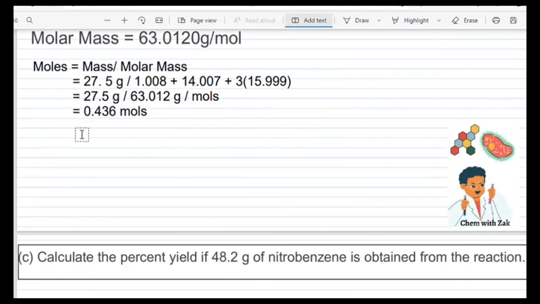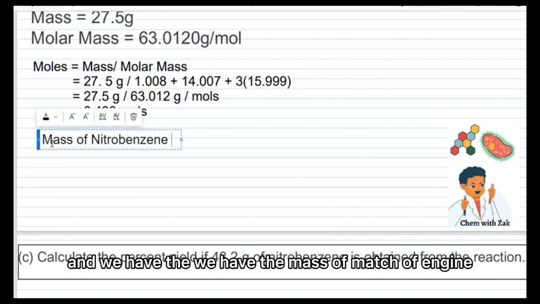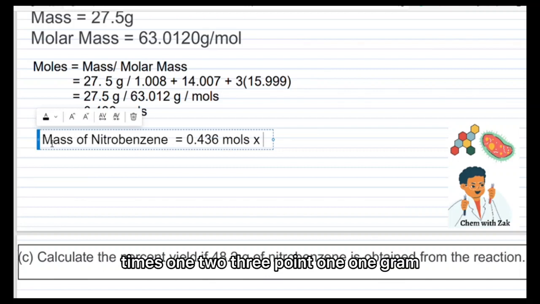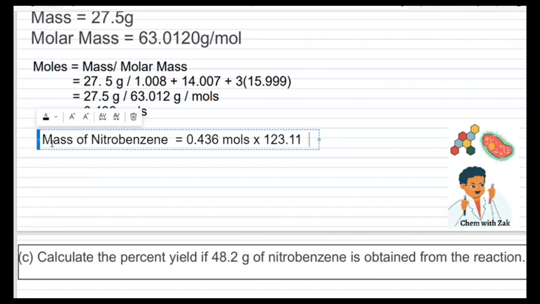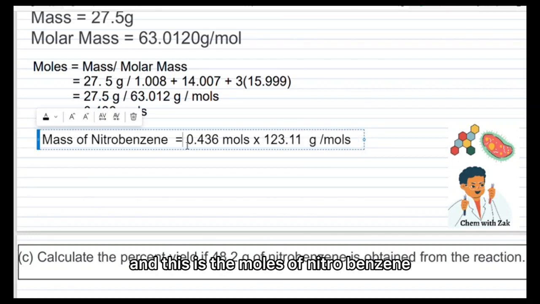We have the mass of nitrobenzene, which is equal to 0.436 moles times 123.11 gram per mole of the nitrobenzene. So this is the molar mass of the nitrobenzene, and this is the moles of nitrobenzene.